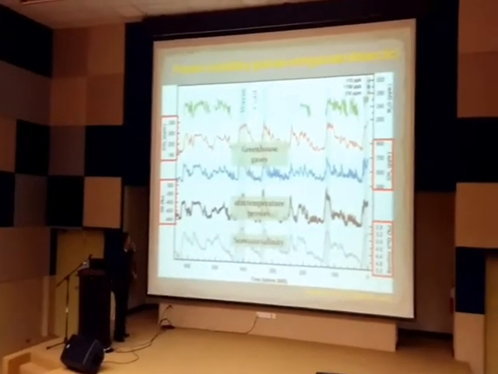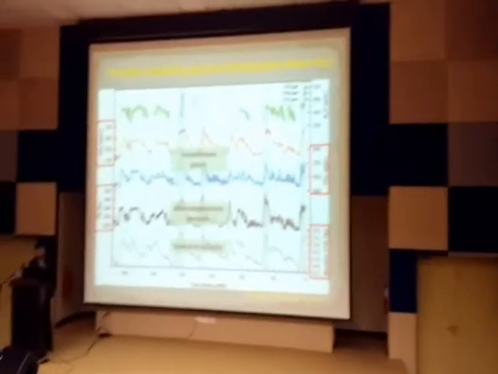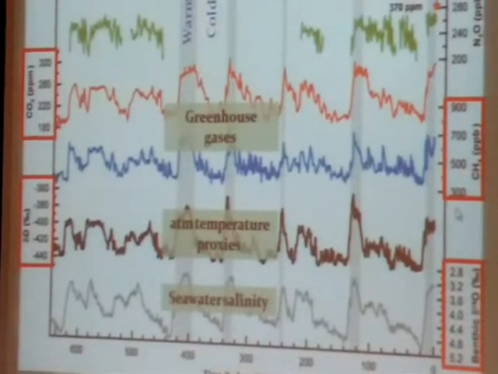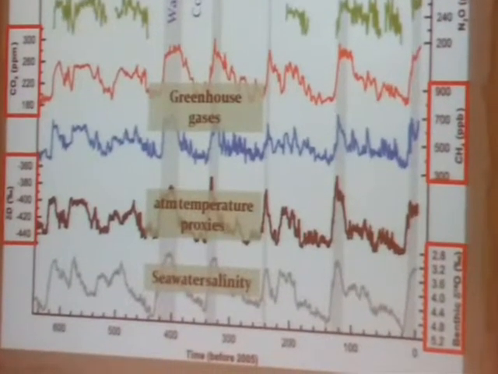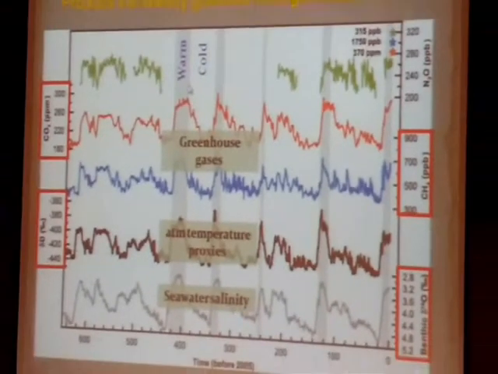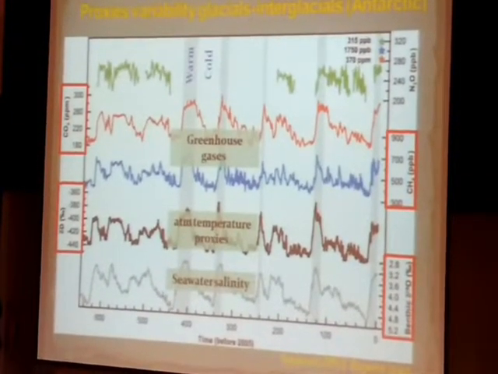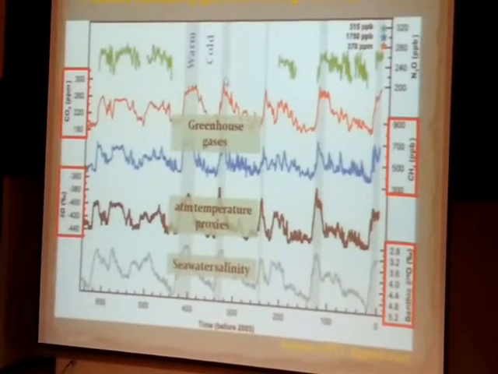So you can see here the CO2 concentrations and also the methane concentration, which are greenhouse gases. When there is a warm period, the CO2 increases and drops during the cool period.